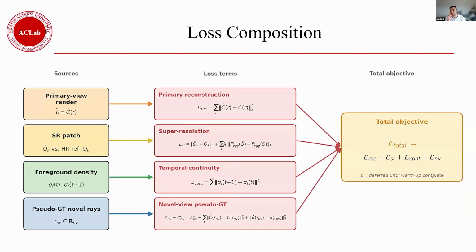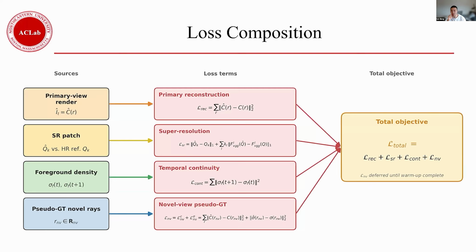Our method is trained with 4 complementary losses. The first one is the reconstruction loss, the classical NeRF photometric loss on the real primary view. Another is the temporal smoothness loss on the foreground density for stable motion.